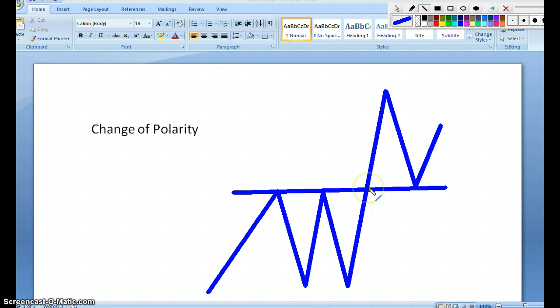It's now transposed and become a region of support as prices come back down and bounce off again from this support region. But previously, it was a region of resistance. So this change of resistance to support or support to resistance, as the case may be, is what traders refer to as change of polarity.